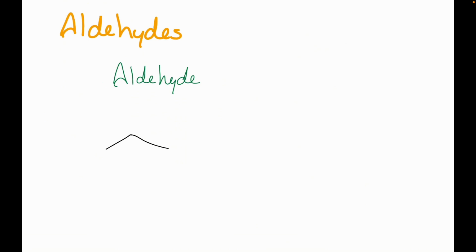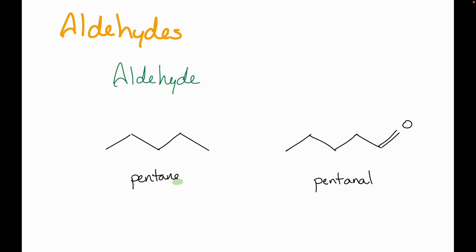Again, if this is pentane with 5 carbons, we're going to replace that E with our new ending, all right, which for an aldehyde is -al. So this is pentanal.